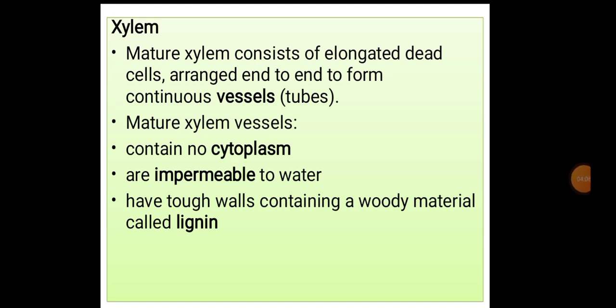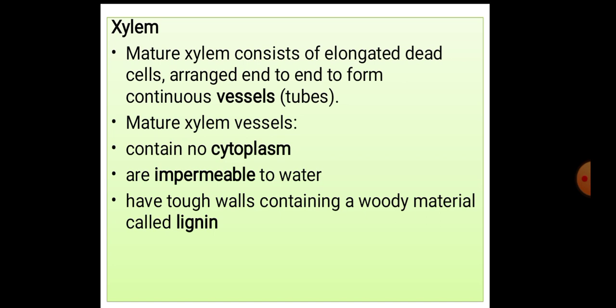As you know, xylem is one of the important complex tissues, made up of more than one type of cell, and these cells work together as a unit for the conduction of water and mineral salts.